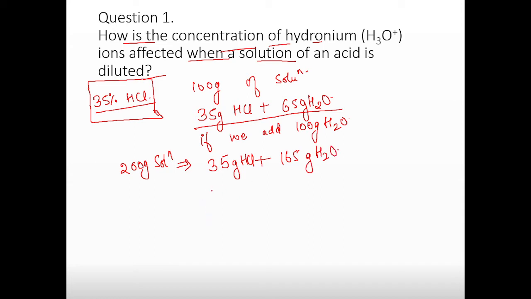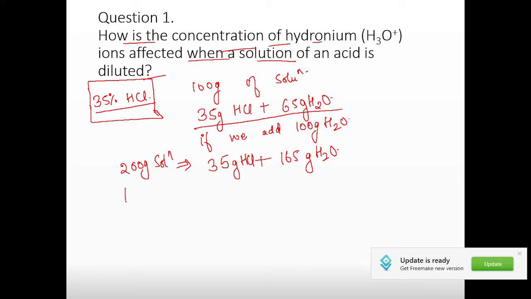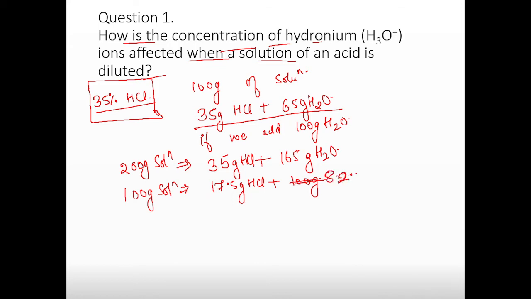So for every 100 gram solution now, there will be 17.5 gram HCl, okay, in every 100 gram solution. And how much water will be there? 82.5 gram water. So can you see the concentration of acid is decreased?